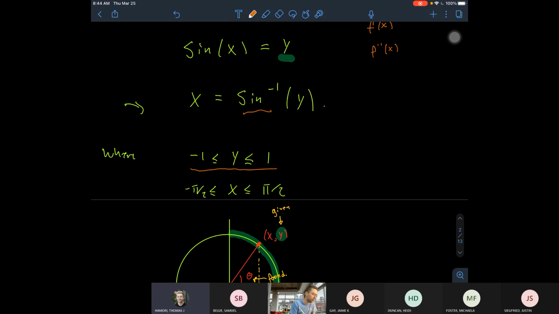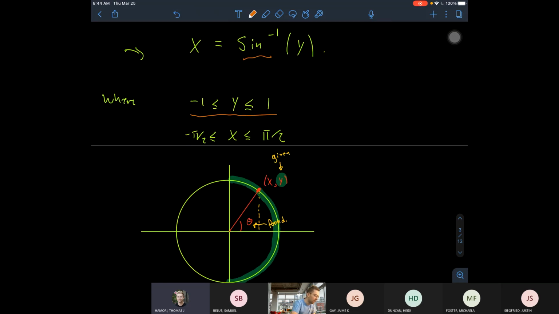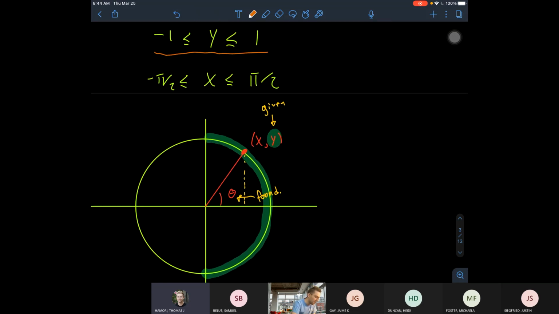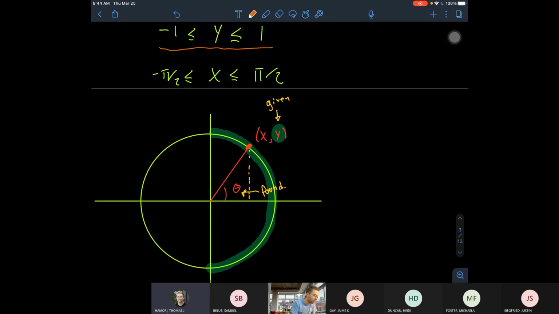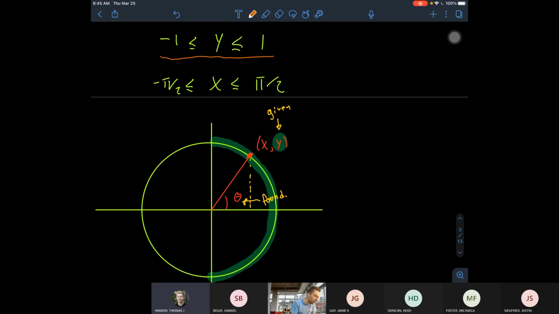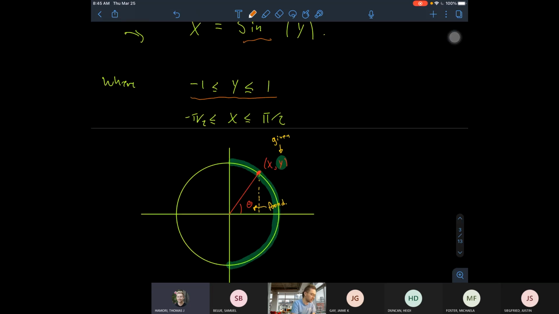And the output of our function will be the angle theta, between negative pi over 2 and pi over 2, such that the y value of the point on the unit circle given by that angle is our input value. That is sine inverse.